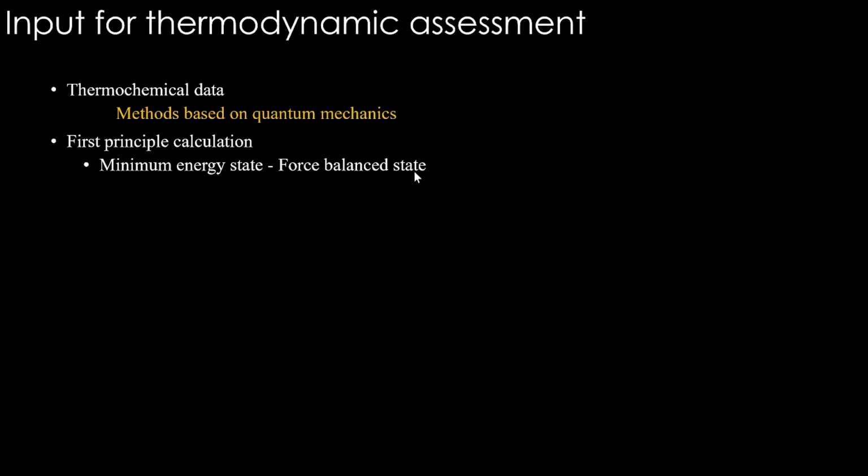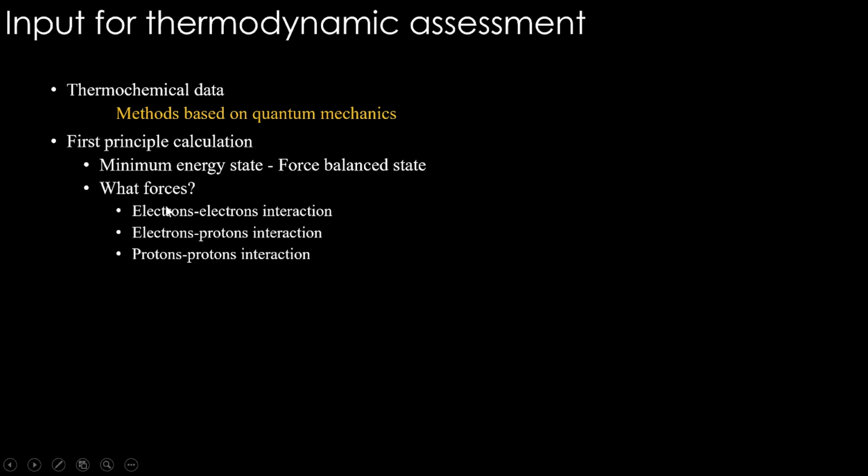Similarly, if two atoms are at a certain particular distance and they are stable, it means that all the forces, that electrostatic force field we are saying, so there are many forces. If these forces are balanced, only then is this configuration of two atoms in the minimum energy state or stable state. Okay. So our job is to figure out this force balanced state.